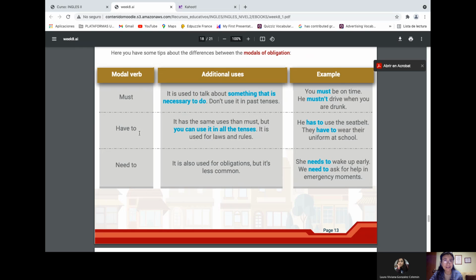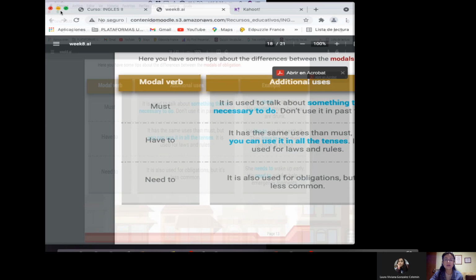Remember that last session, we were working with some modals for suggestion: should, can, could, may, and might. Today, we are going to see must and have to, which are modals of obligation. And now we are going to see when and what they are used for.